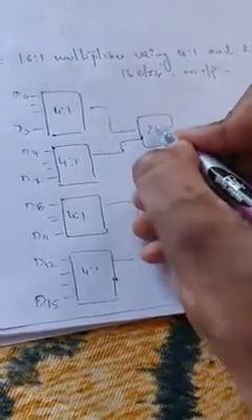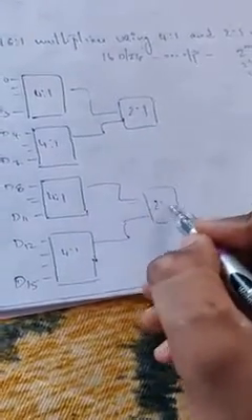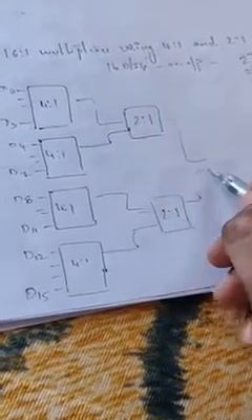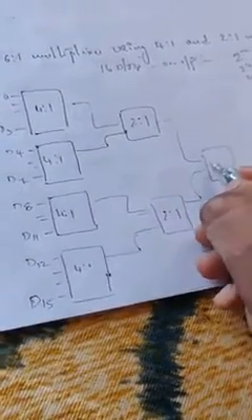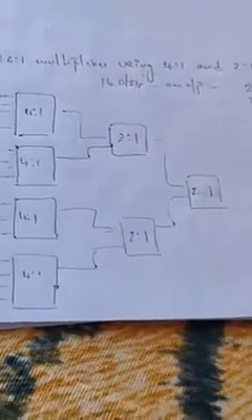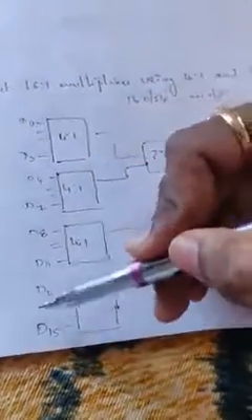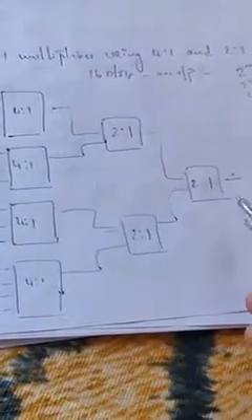This is 2:1, 2 inputs, 1 output, right? These two will be combined with one more 2:1. So 1 output. So we have D0 to D15, 16 data inputs and 1 output.